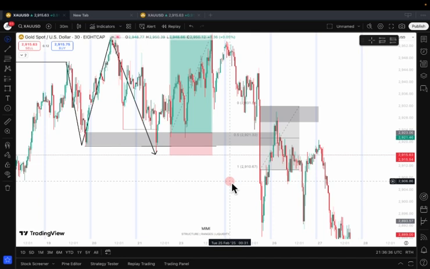I don't know if there's a meaning to that, like maybe backtesting on a demo account does not give you realistic expectations as it should.